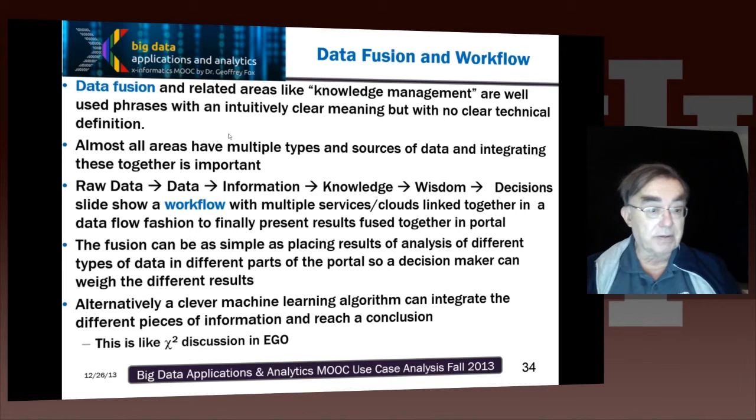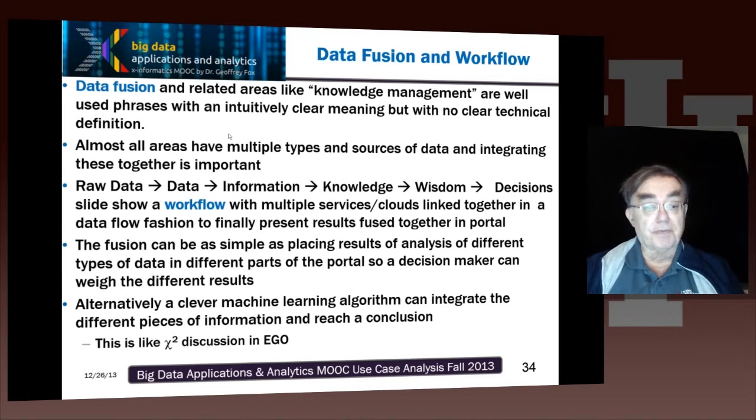Here we're using data in this generic fashion to mean data or information or knowledge flowing from one service to another, getting refined or transformed and filtered as it goes from one to the other and ending up with a better understanding, or hopefully alternative understandings.